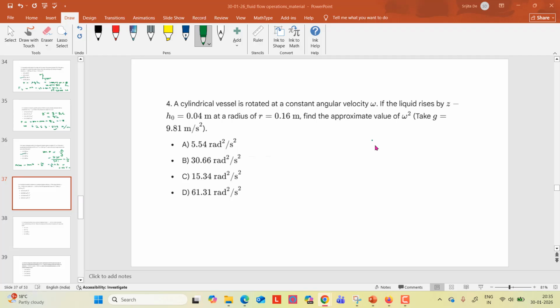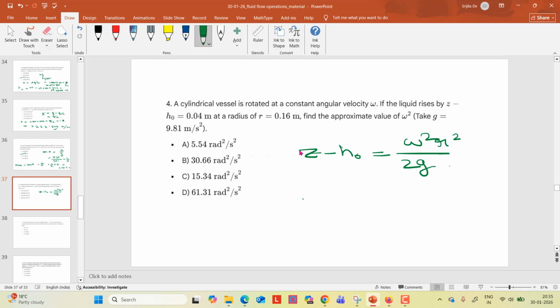So the liquid rise z minus h naught equals omega square r square by 2g. So you have to calculate the omega square.